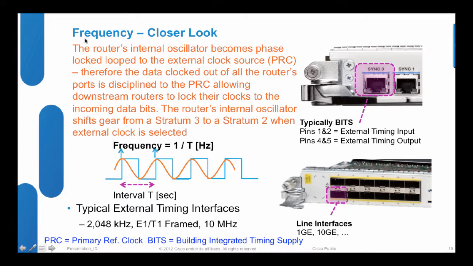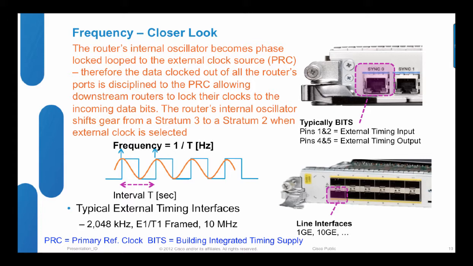So I'll just read this to you. The router's internal oscillator becomes phase locked loop to the external clock source, the primary reference clock. Therefore, the data clocked out of all the router's ports is disciplined to the PRC, allowing downstream routers to lock their clocks to the incoming data bits. The router's internal oscillator shifts gear from stratum 3 to stratum 2 when the external clock is selected, providing of course that the quality of that clock is at stratum 2.